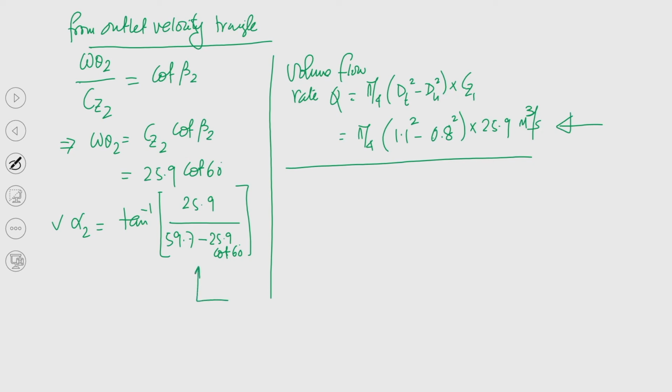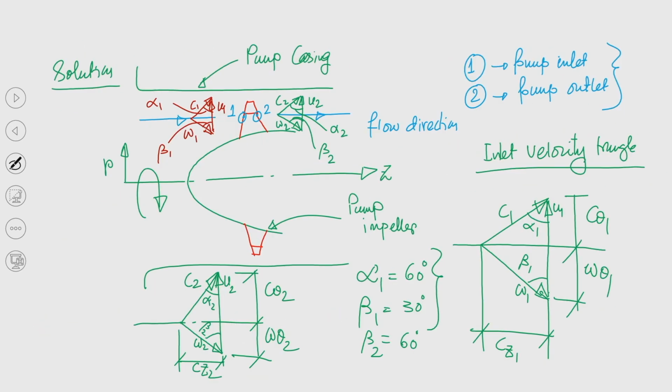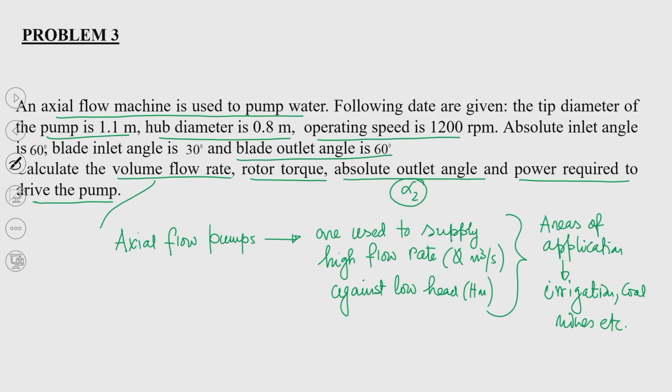So, the next task: we have calculated the volume flow rate, we have calculated the absolute outlet angle. Next, two important parameters we have to calculate, that is the rotor torque and the power required to drive the pump.